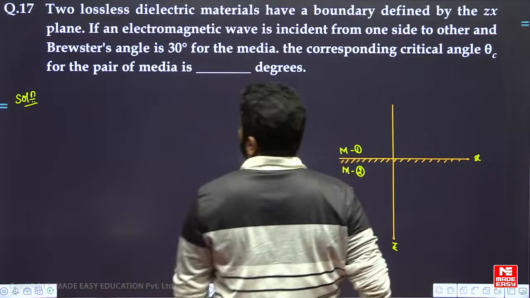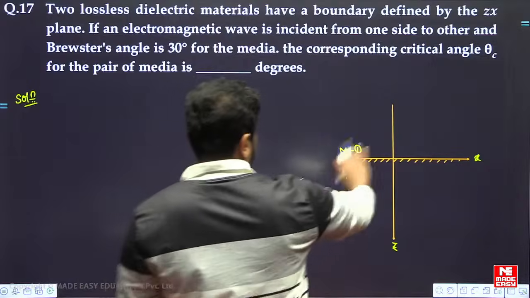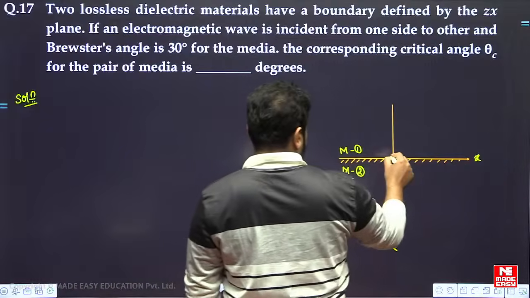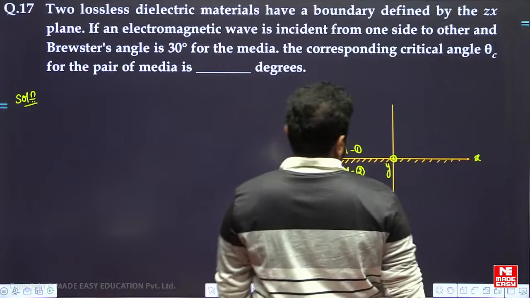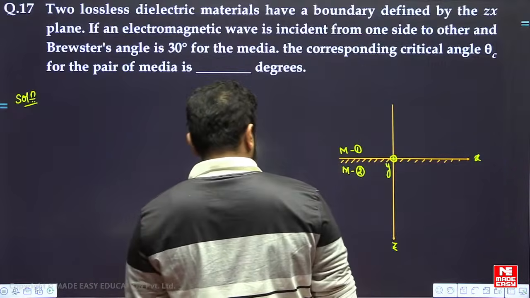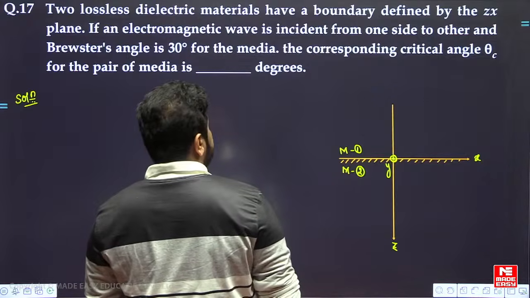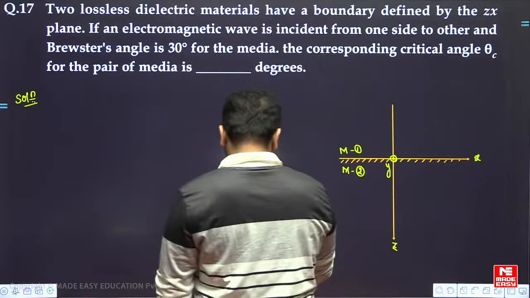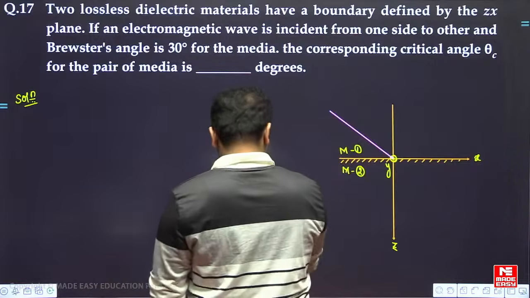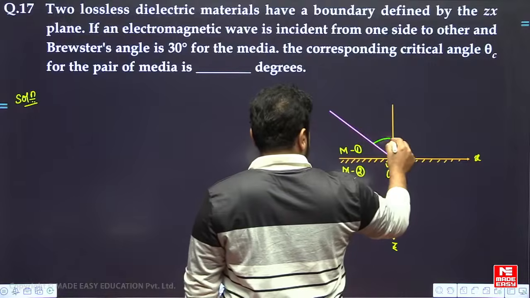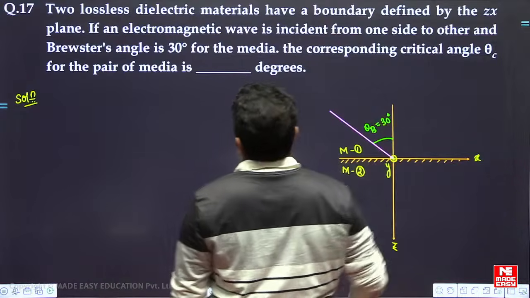The boundary is defined by the xz plane, which means this is your y axis. If the electromagnetic wave is incident from one side to the other at Brewster angle 30 degree, let us consider this the Brewster angle theta b, at 30 degree.